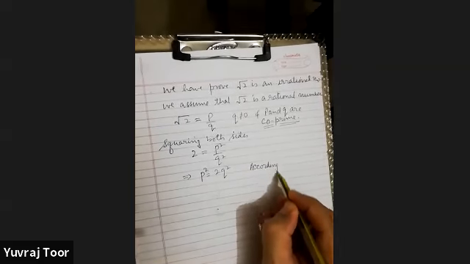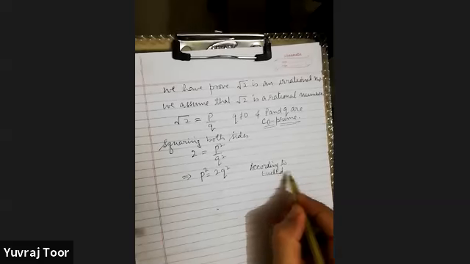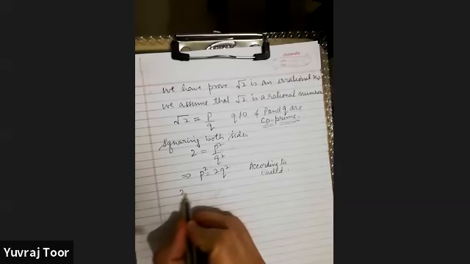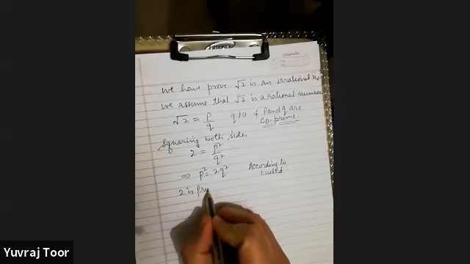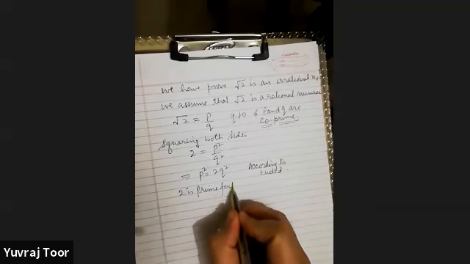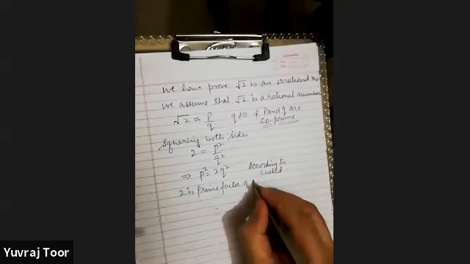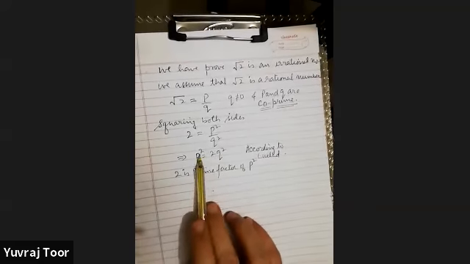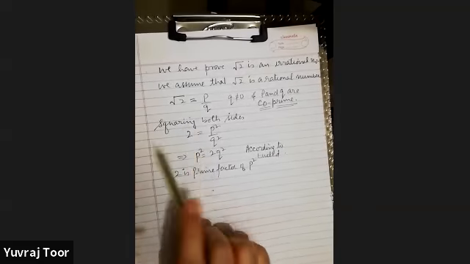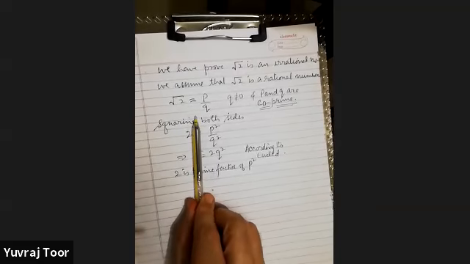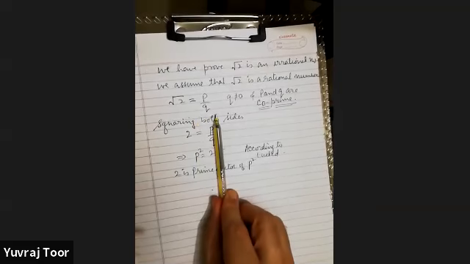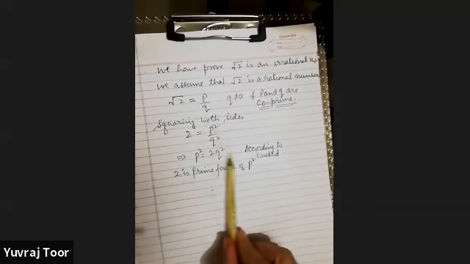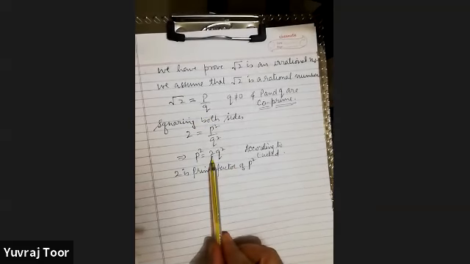According to Euclid, 2 is a prime factor of p square. Just look at the expression: a positive number is equal to 2 times some integer and remainder is 0. So that means 2 is a factor of p square.